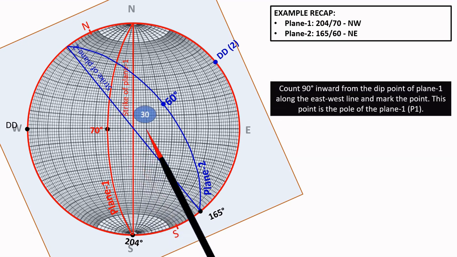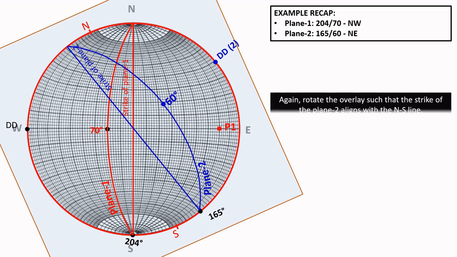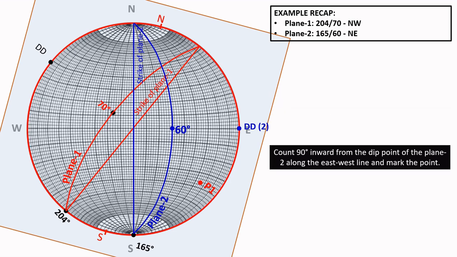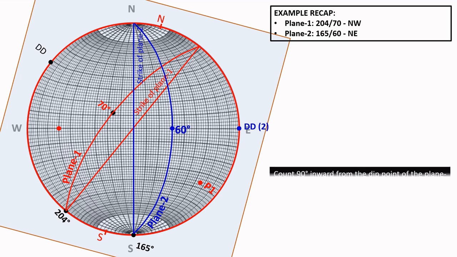Count 90 degrees inward from the dip point of plane 1 along the east-west line and mark the point. This point is the pole of the plane 1. Again, rotate the overlay such that the strike of the plane 2 aligns with the NS line. Count 90 degrees inward from the dip point of the plane 2 along the east-west line and mark the point. This point is the pole of the plane 2.